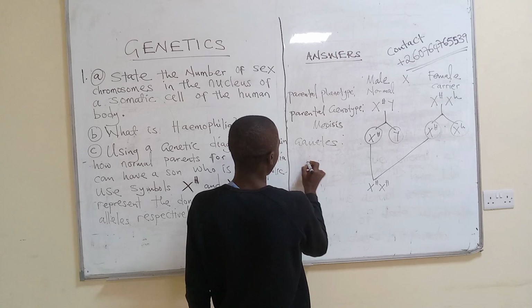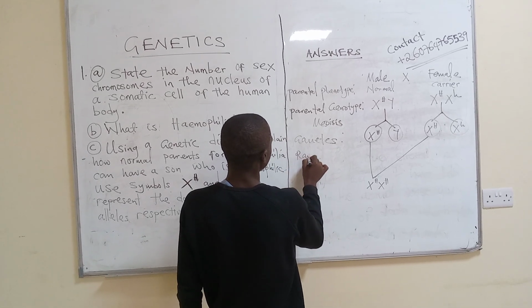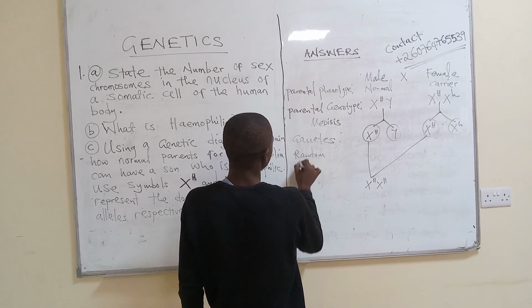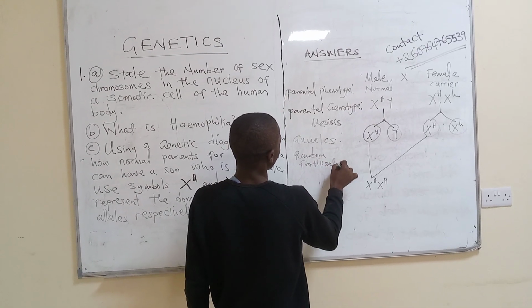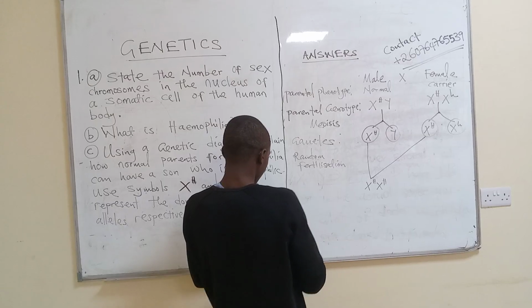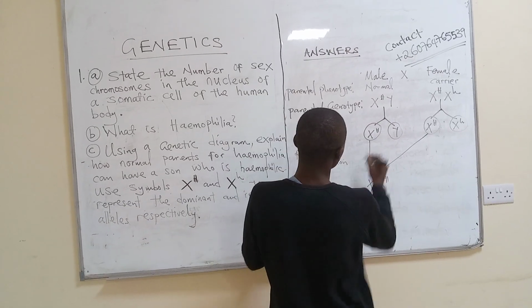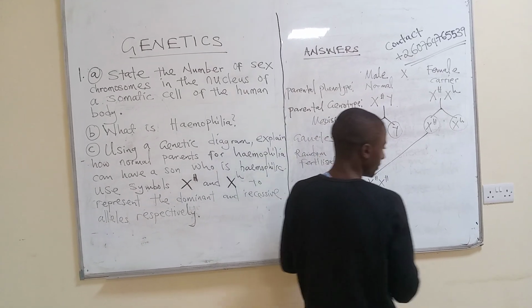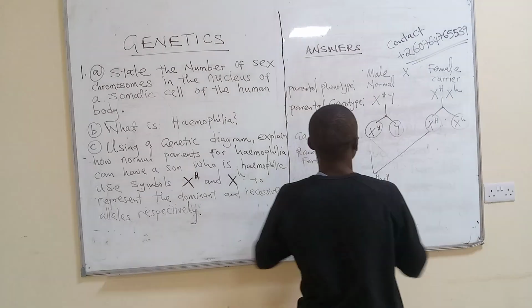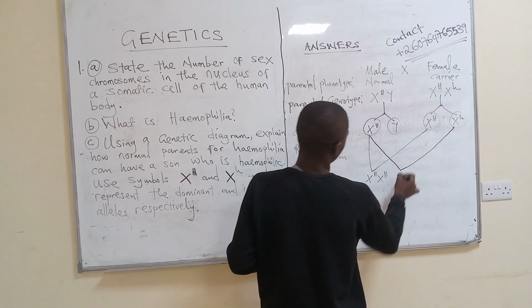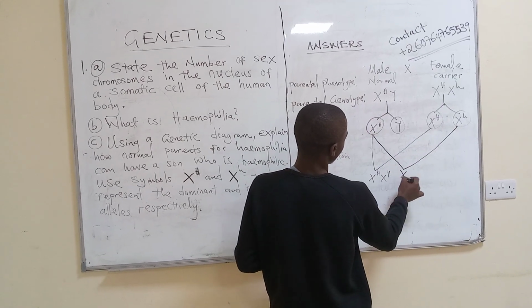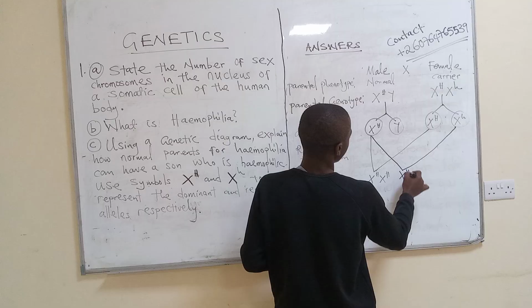What has happened here is what we call random fertilization. Then we do the same with the other gamete.